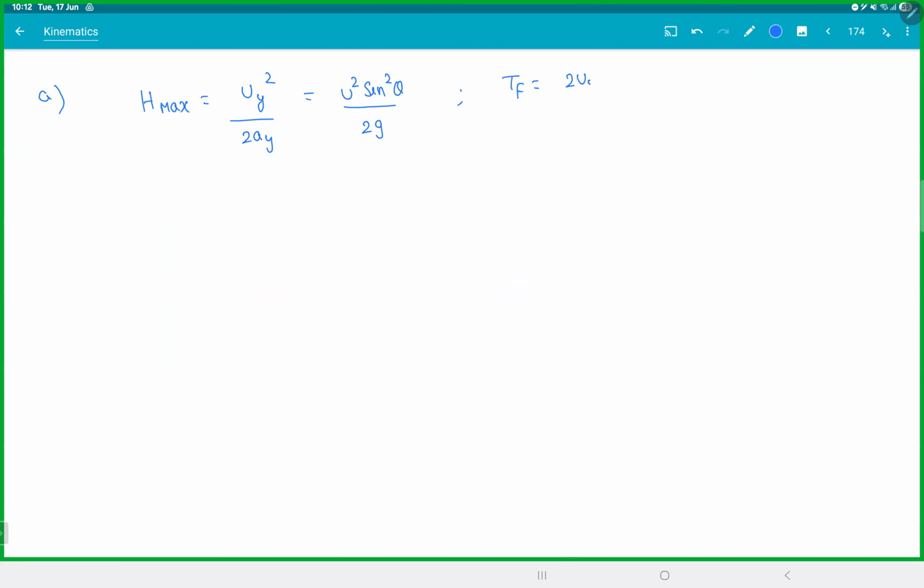Time of flight is 2u_y by a_y, 2u sine theta by g. So basically the vertical motion is independent of horizontal acceleration. Whatever happens in the horizontal direction, that's not going to affect anything in the vertical direction. So these two will remain the same.